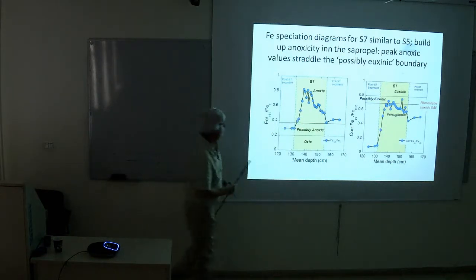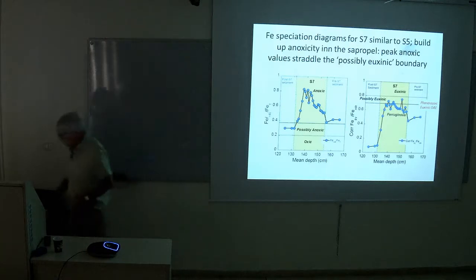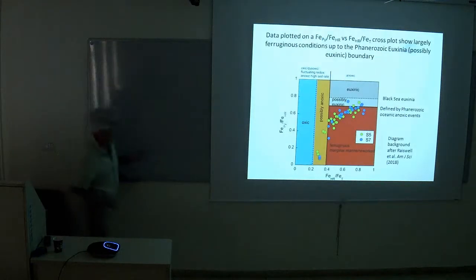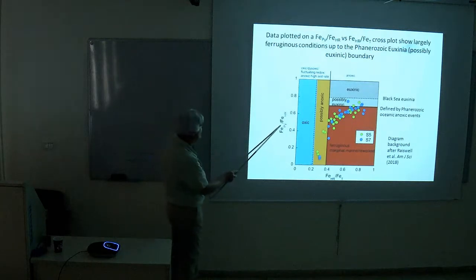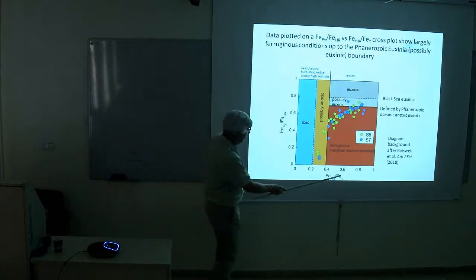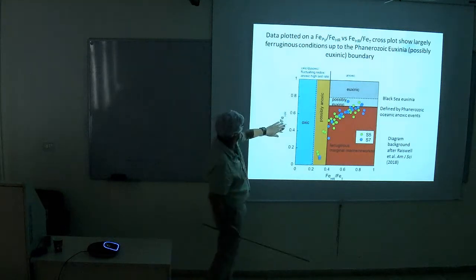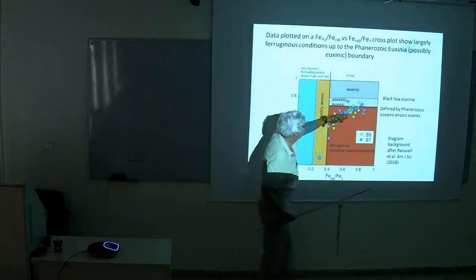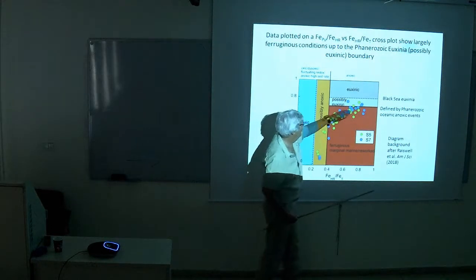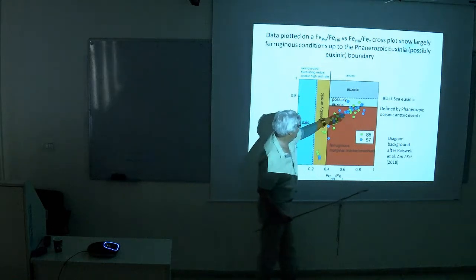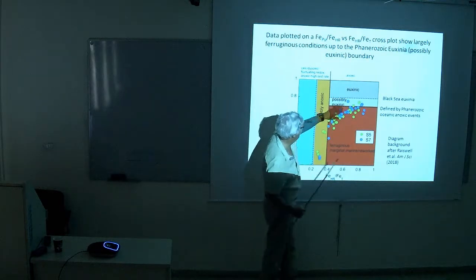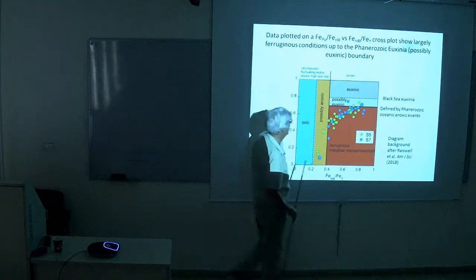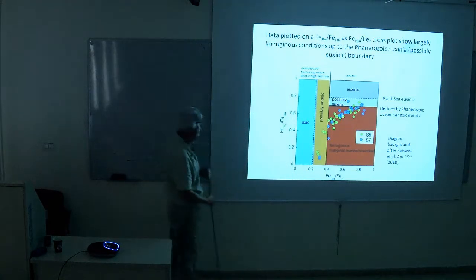The fact remains, errors or not errors, when you put the data on a combined diagram of FeT or FeHR versus FePy over FeHR, the data are predominantly within the ferruginous field with a few data points crawling into the euxinic field.